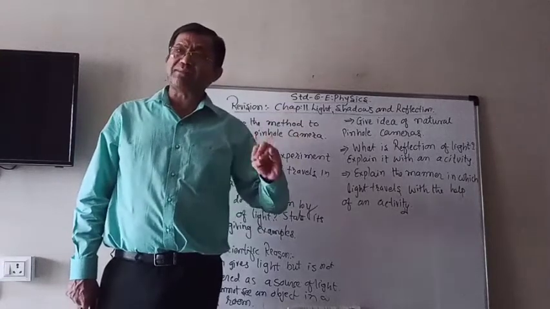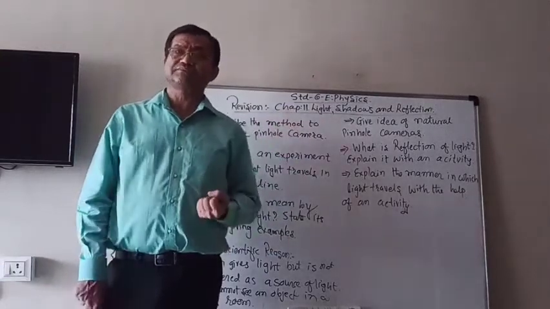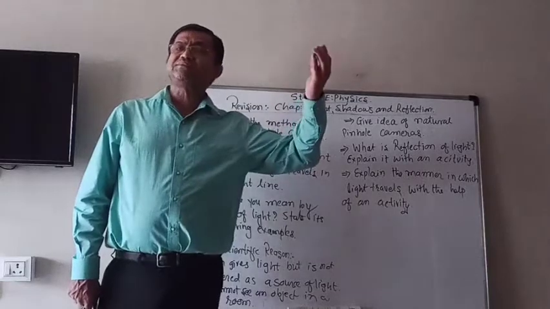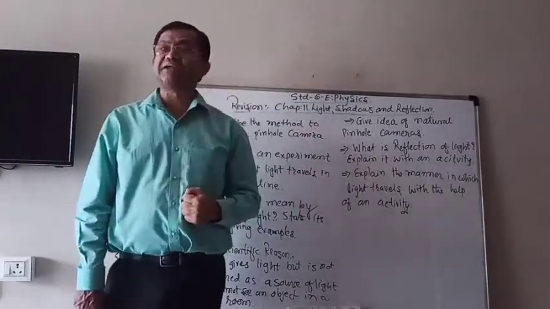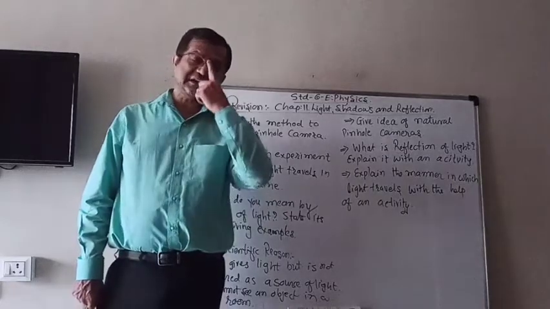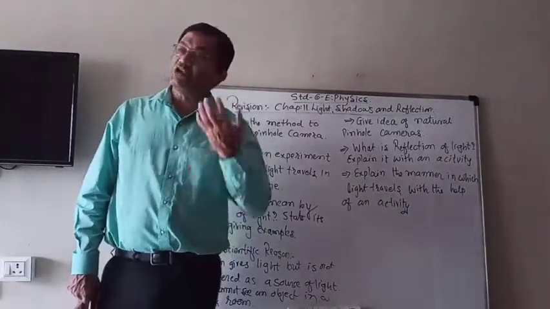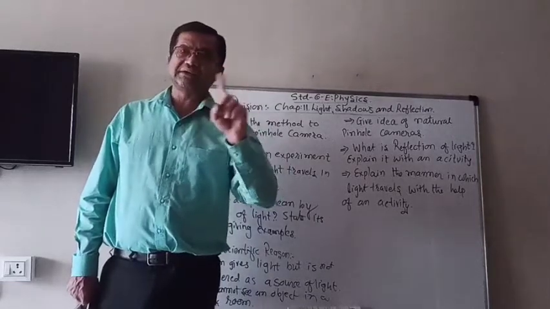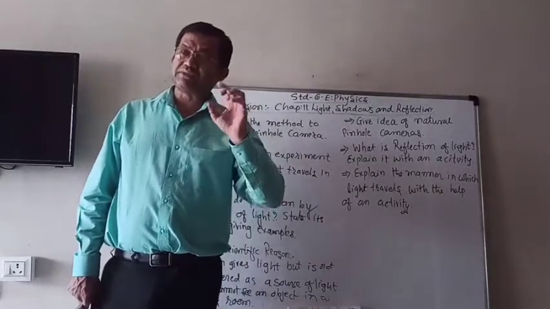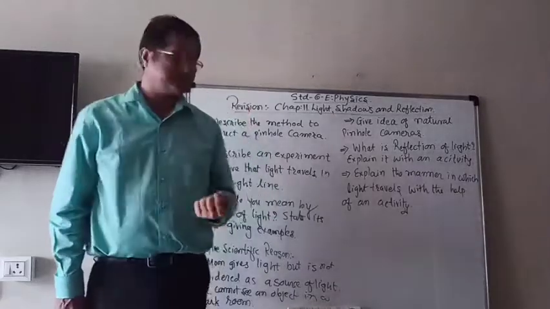It does not emit its own light, but when the light from the sun falls on it, it reflects the light and then it reaches the earth. So it looks like it is a source of light, but it gives reflected light.